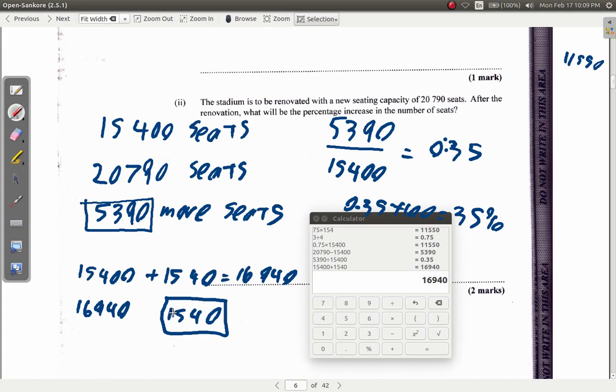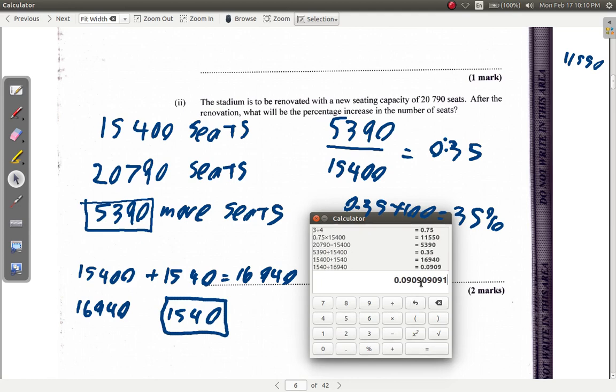But if you had put the 1,540 over the 16,940, you wouldn't get 10%.